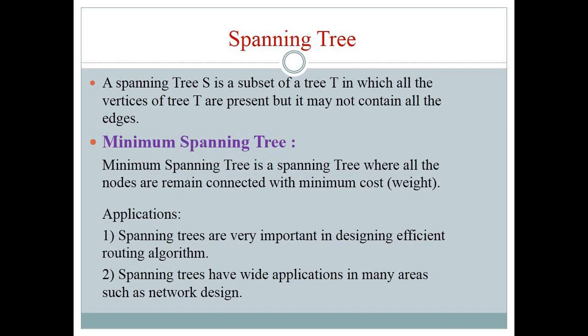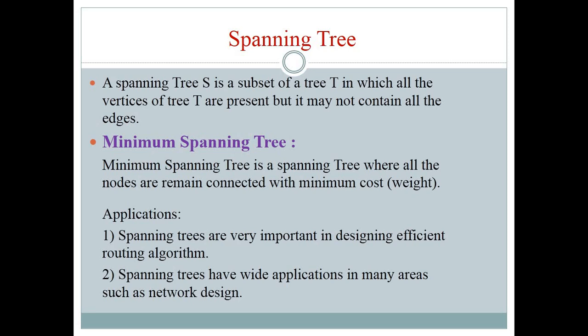Okay, so a minimum spanning tree is a spanning tree where all the nodes remain connected with minimum cost. If we have vertices connected with edges of various weights, then the minimum spanning tree will have only the minimum cost weight to connect one another.